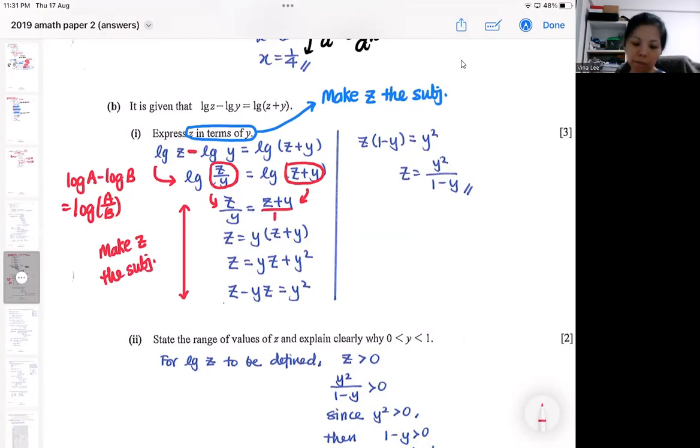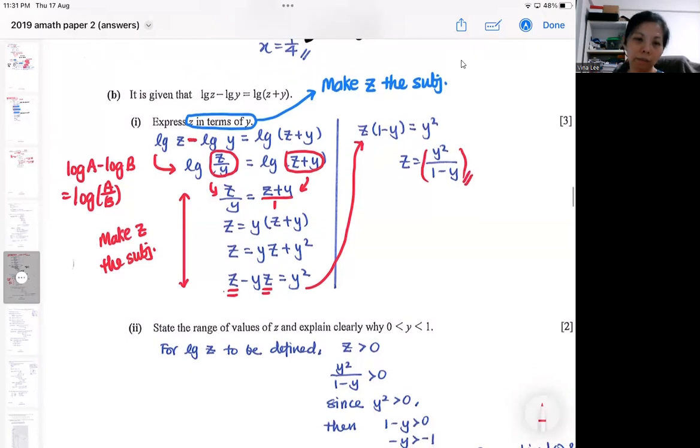Cross multiply, bring over all the z, and you will find yourself taking out a common factor. Then you can isolate your z. So follow the instruction. They will like you to make z the subject, and that is going to help you in the second part, in the explanation for this.